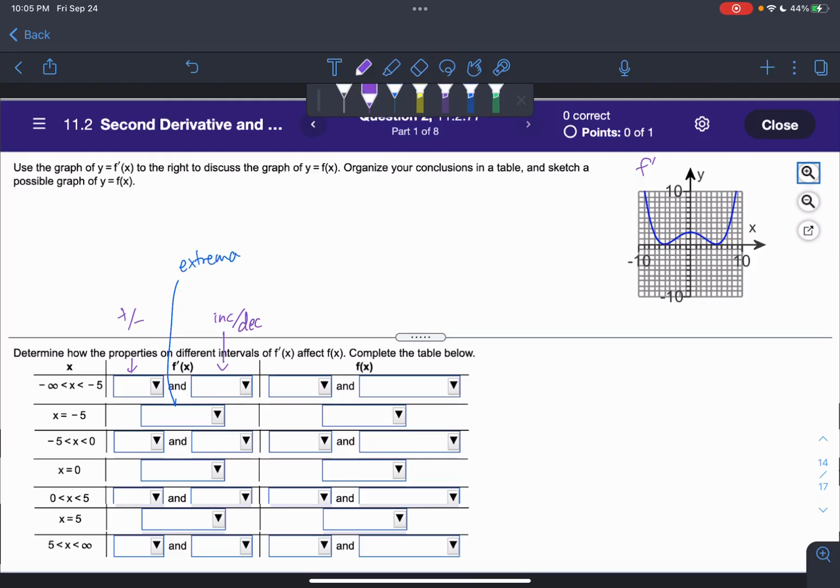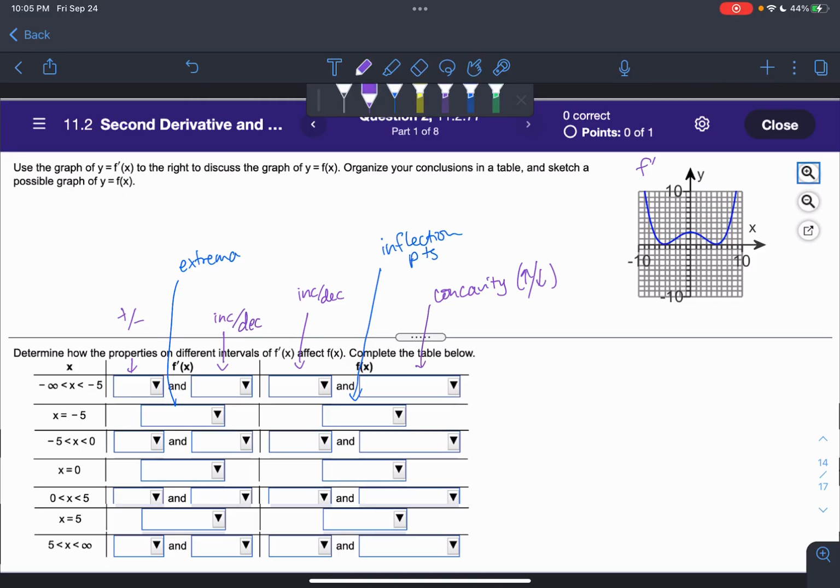And then here it's increasing, decreasing. This is about concavity, up or down. And then this is points of inflection. So it'd be more clear on your screen, but I'm just putting this here for now.